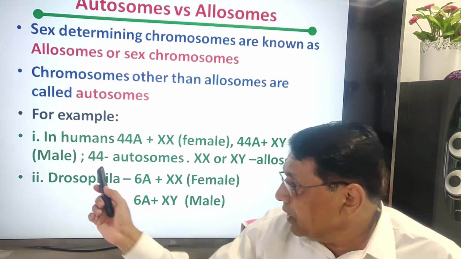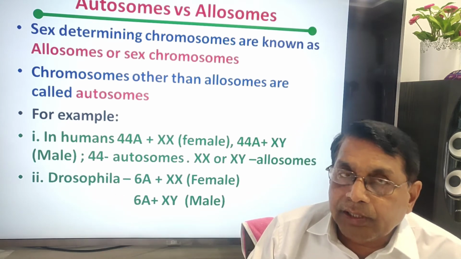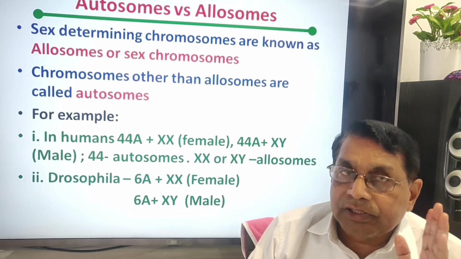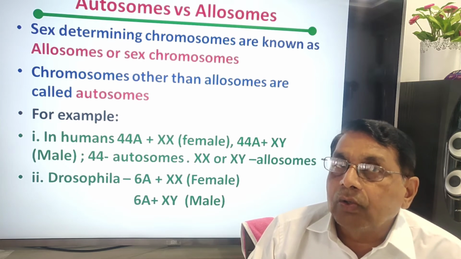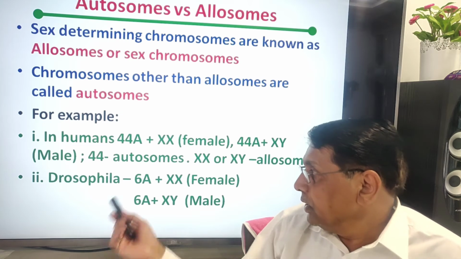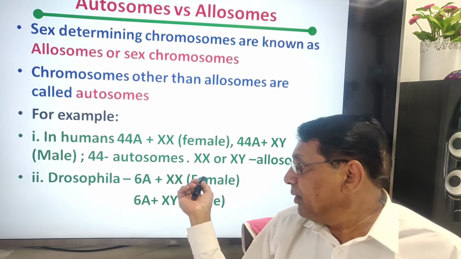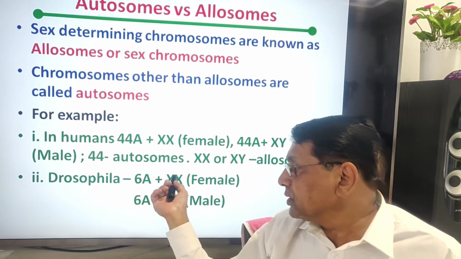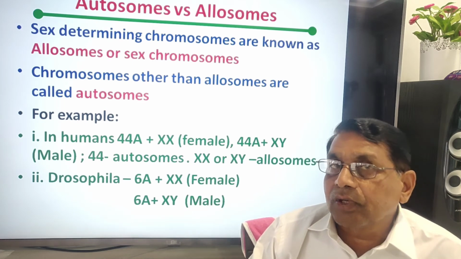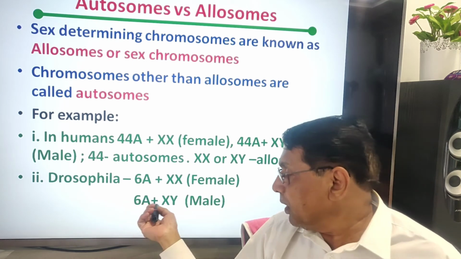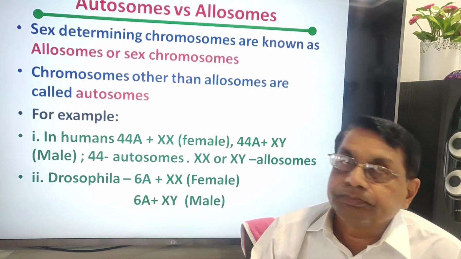In Drosophila, there are a total of 8 chromosomes. Out of 8, 6 are autosomes and 2 are allosomes, sex chromosomes. XX is female, just like in humans; femaleness is determined by XX in Drosophila also. In males, XY.